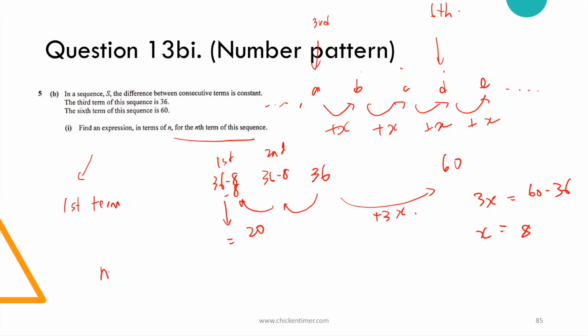So then the nth term, what you do is you take the first term plus a number of terms, then times 8.